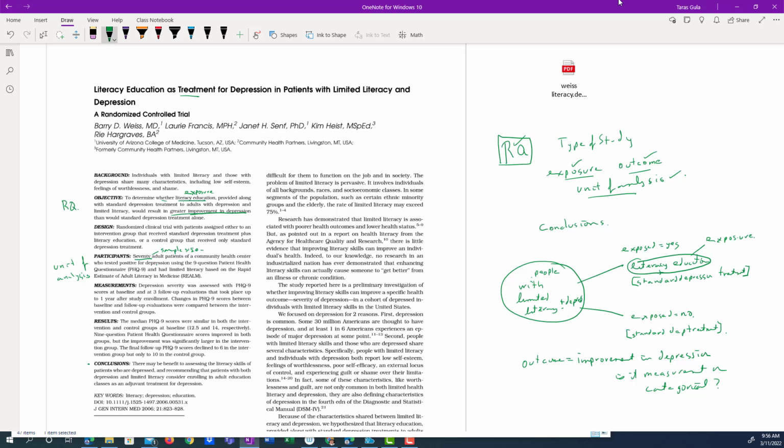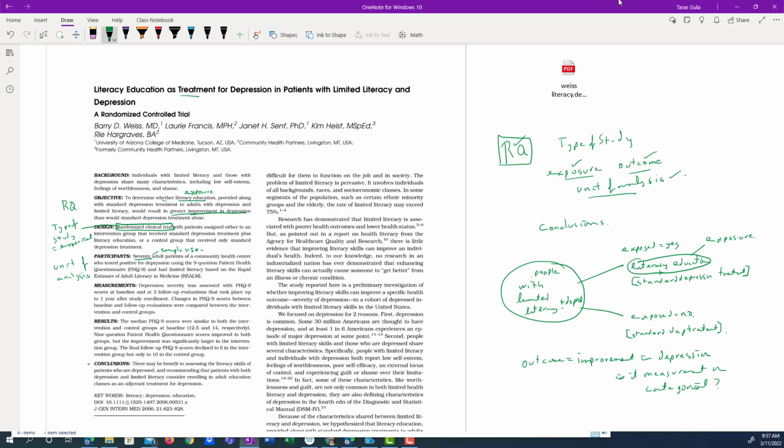Design: randomized clinical trial. Aha. This is the type of study. As soon as we see randomized clinical trial, we see that it's experimental.